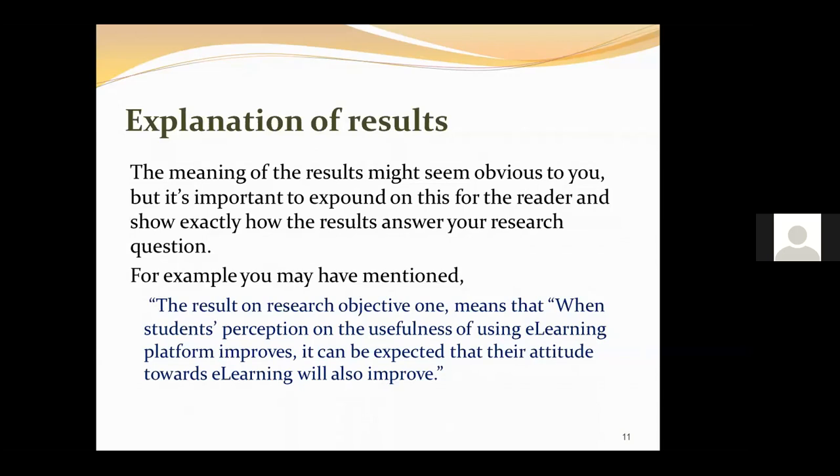For example, you may have mentioned the result on question 1 means when students' perception on perceived usefulness of using e-learning platform improves, it can be expected that their attitudes will also improve. You have to expound on this.